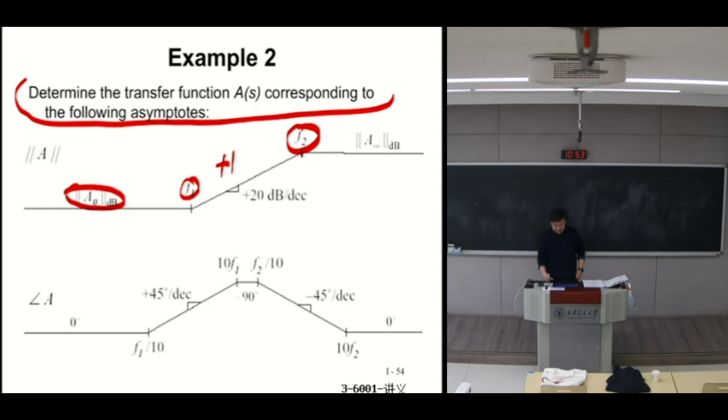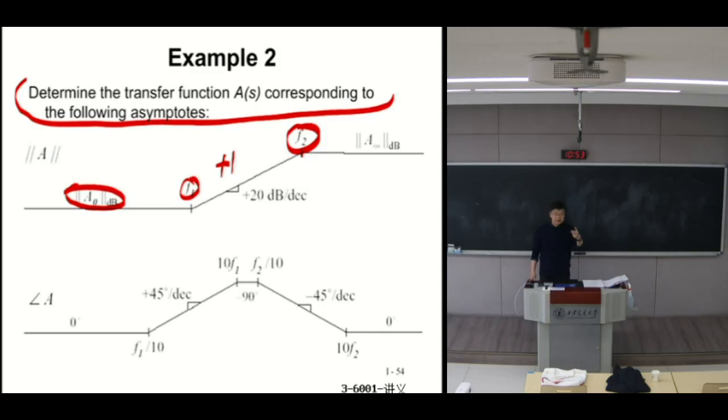So based on these two Bode plots, the corresponding magnitude Bode plot and phase angle Bode plot, you will be able to see that this transfer function actually has a low frequency flat, high frequency +1 slope. What is this?